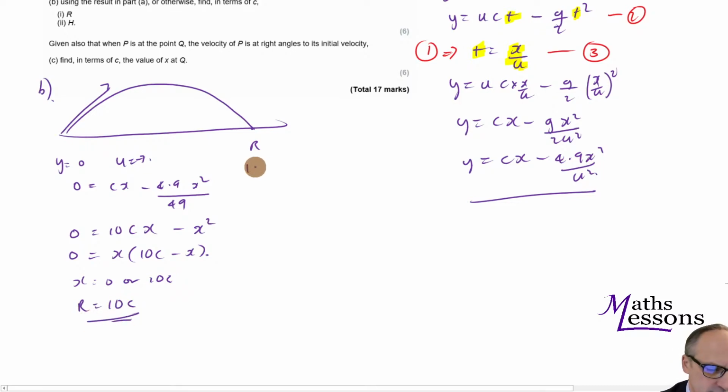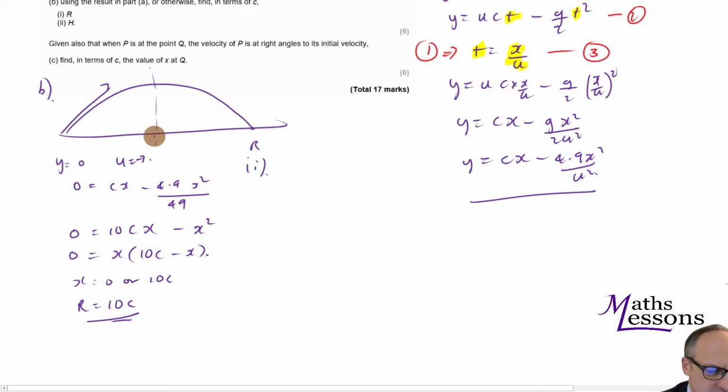Part 2. There are two ways to do this. You can look at when the vertical velocity equals 0, because that gives you maximum height, or realize that this is symmetrical. In the A-level maths course we don't have any air resistance, so the only thing acting is gravity, and therefore it's a symmetrical graph.